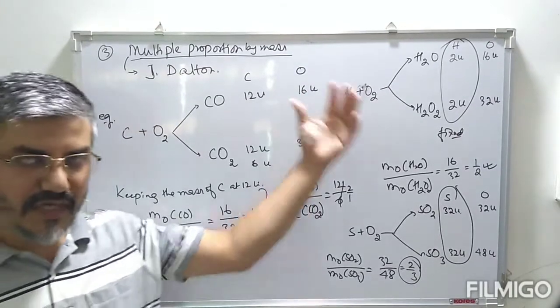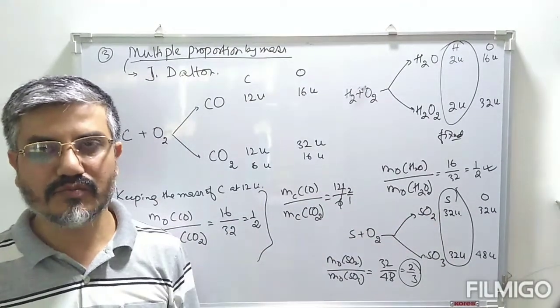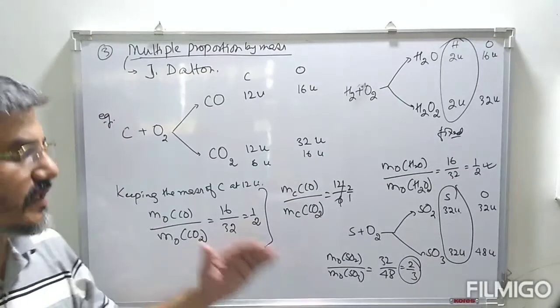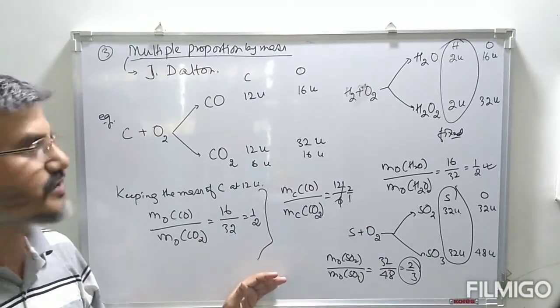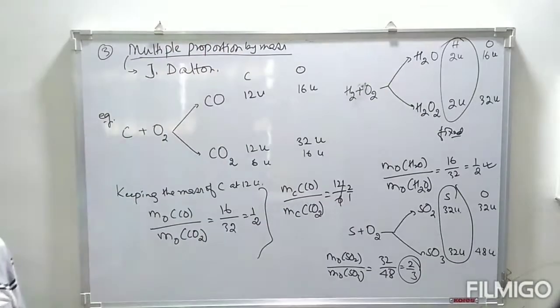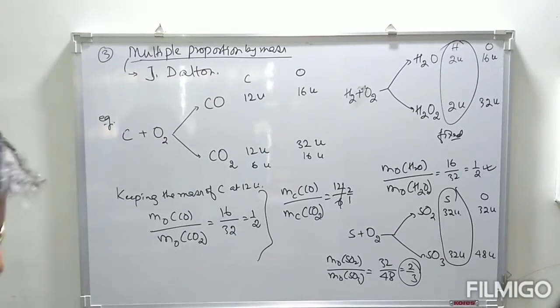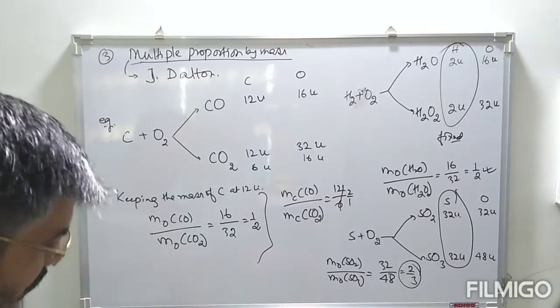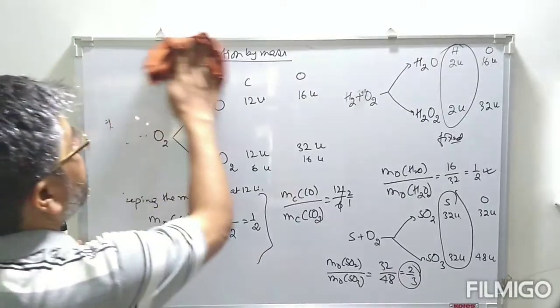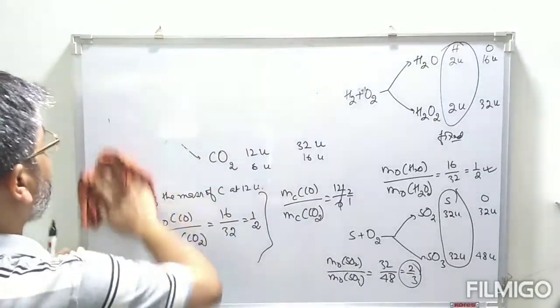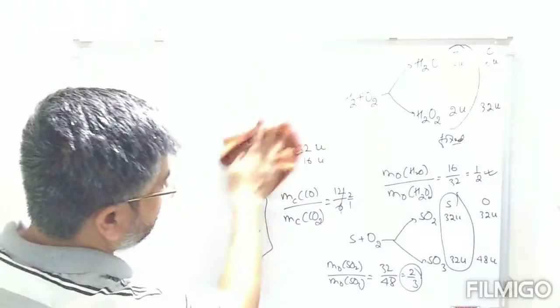That mass ratio will always be a simple whole number ratio. If that ratio is a simple whole number ratio, then this is what we call the law of multiple proportion by mass. Now let's see how we can use this law of multiple proportion in numerical problems.